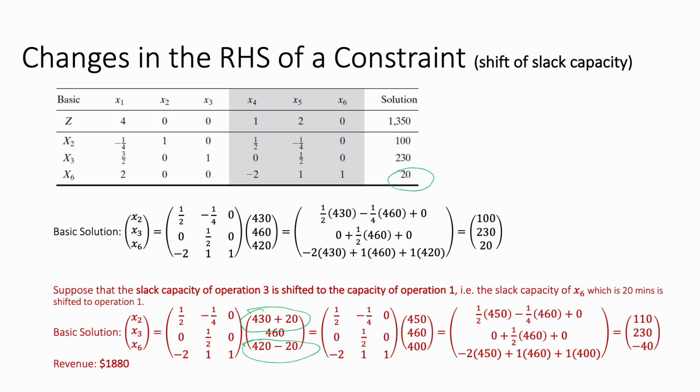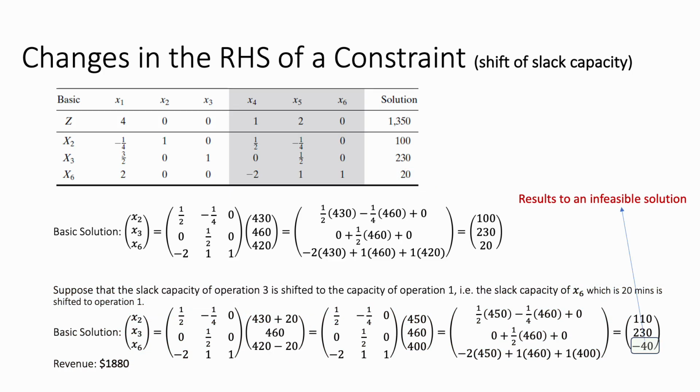So multiplying it by the inverse of the basis, we get the resulting values for x2, which is 110, and for x3 is 230, nothing changes, and for s3 is negative 40.